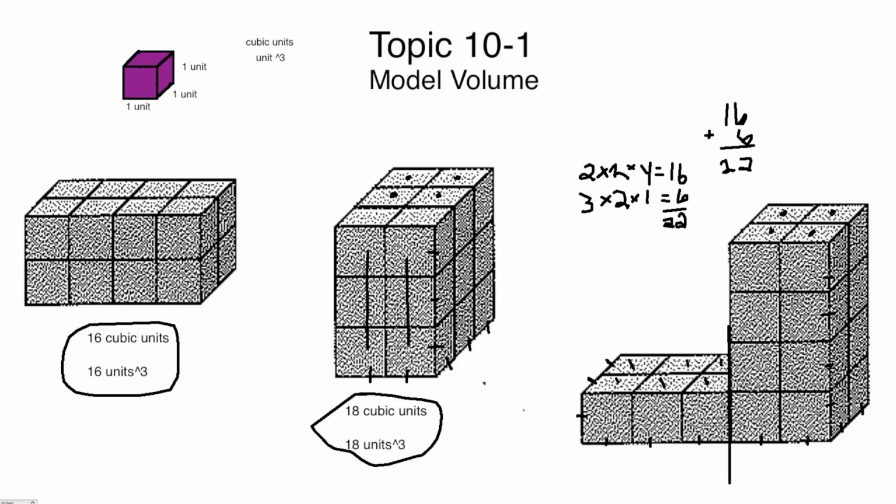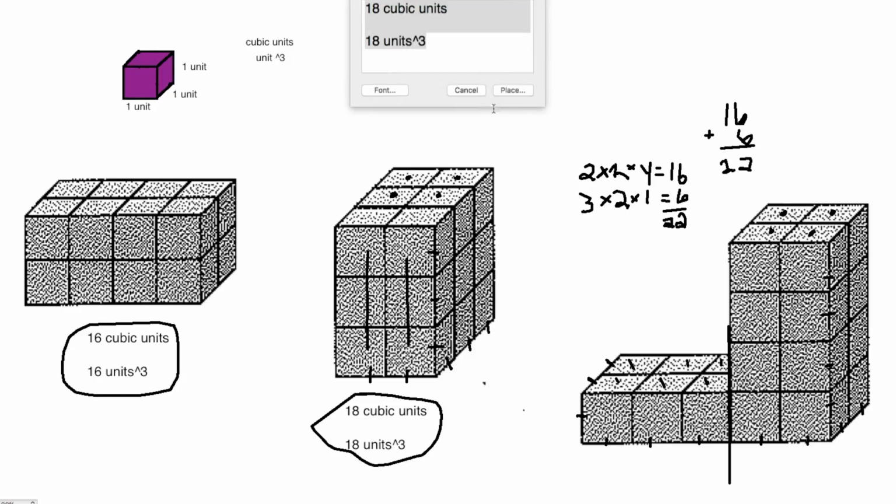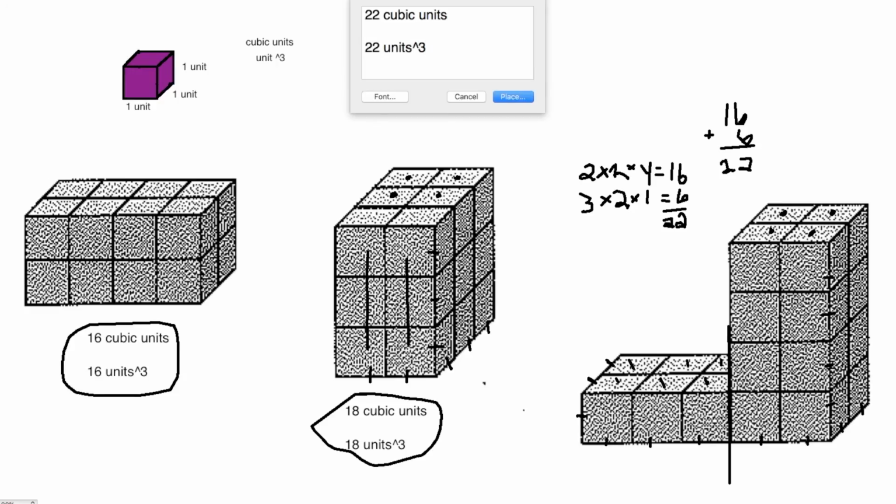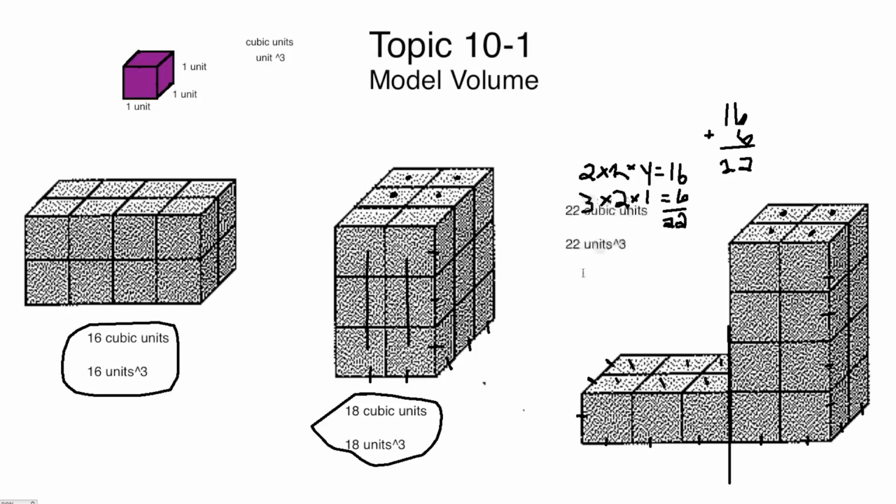So my final answer is 22 cubic units, or 22 units cubed to the third power. And of course, circle your answer. I should have shown work over here like I did right here or right here, but that's how you do it.